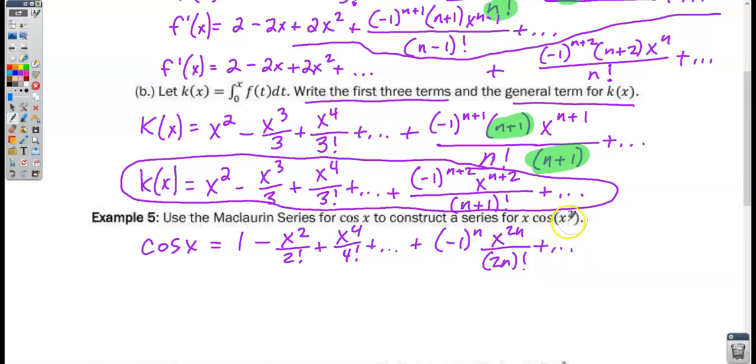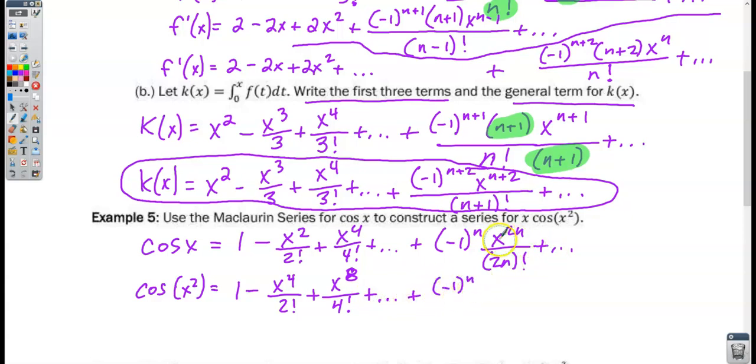And so cosine of x squared is going to be a substitution move here. We're going to replace all of the x's with x squareds. And so we're going to replace this with an x squared. So that's going to be x to the 4n.